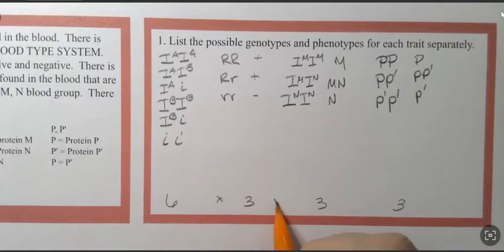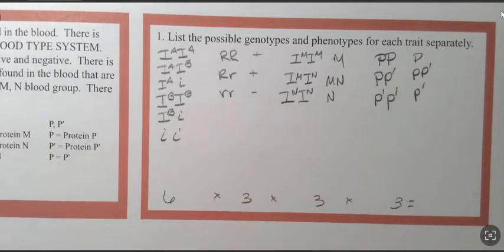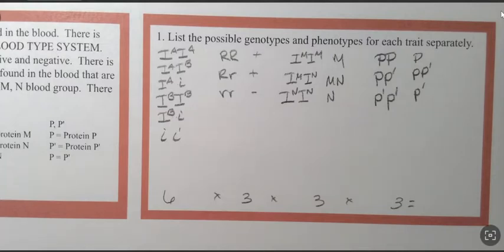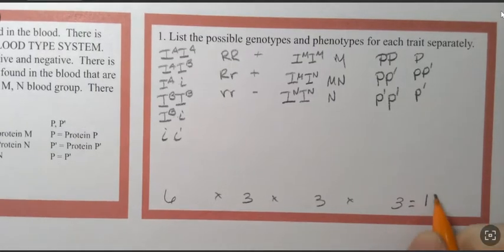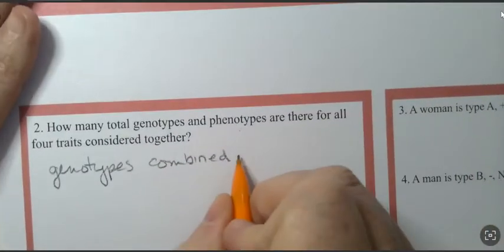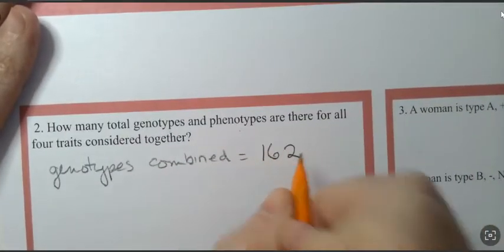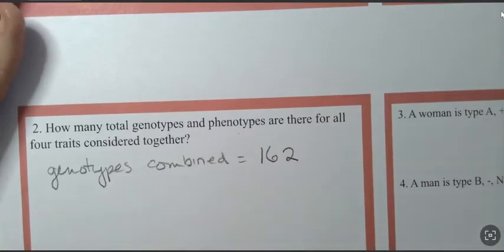We multiply. Okay, we get out our handy calculator. Six times 3 times 3 times 3 gives me 162. So there are 162 different genotypes I can make with all these combinations.